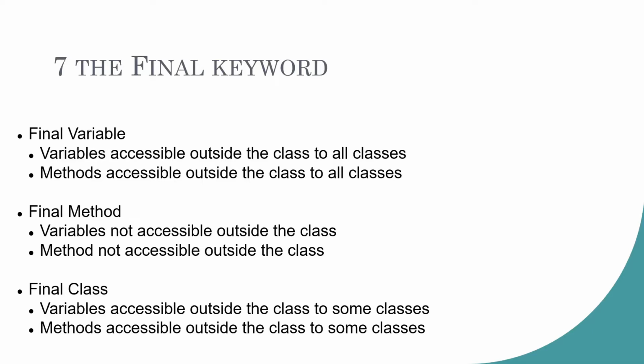So any child class that uses my final method cannot change the method. You will find that you can override methods of the superclass in the child class, but you cannot override a final method. So that's where final is used in methods.